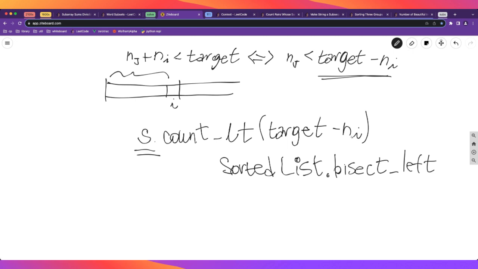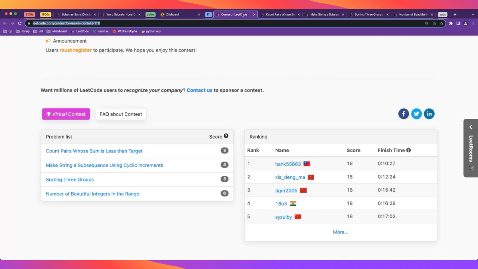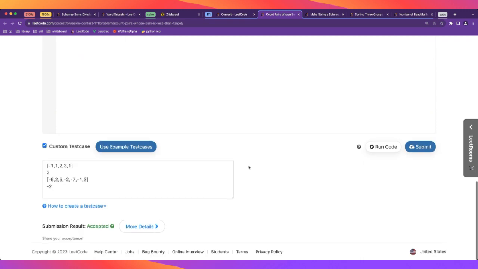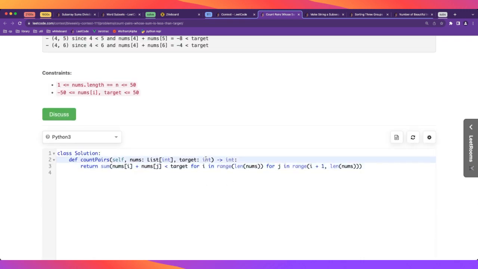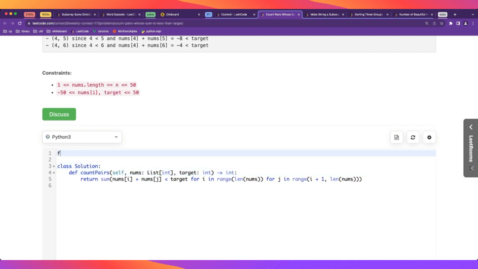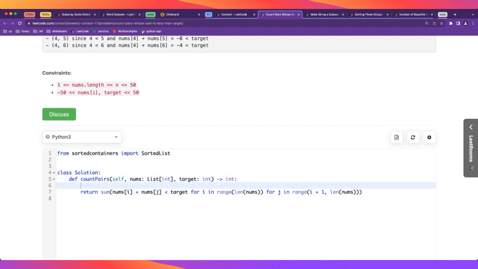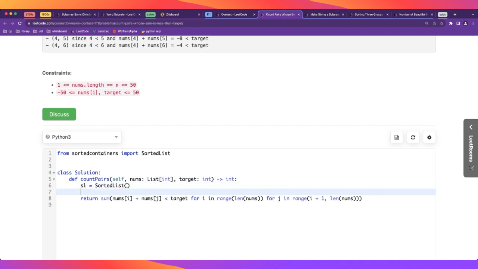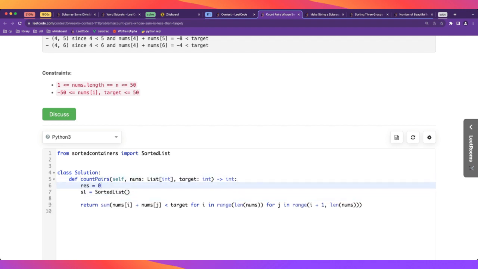So with that, we have enough information to write the code. So like I said, from sorted containers, we import sorted list, and we're gonna keep track of all the elements, and we're gonna keep track of the total.